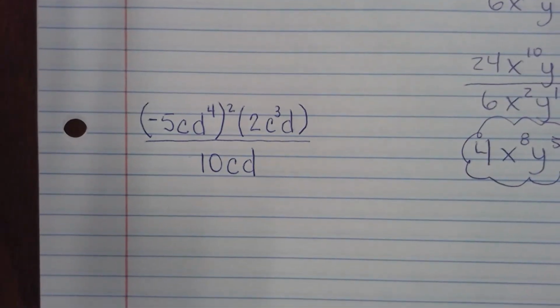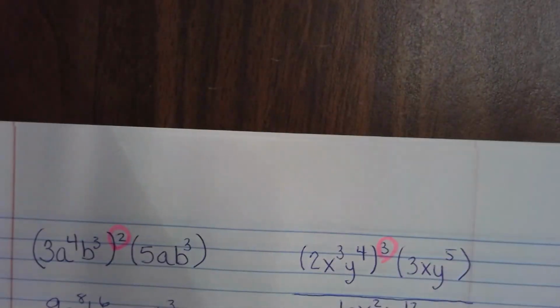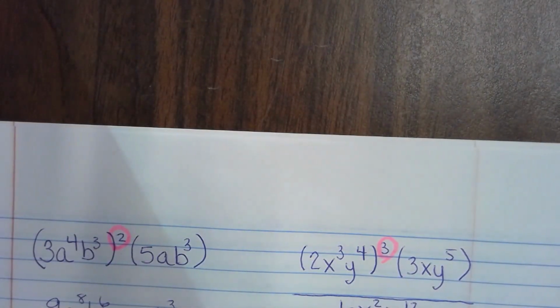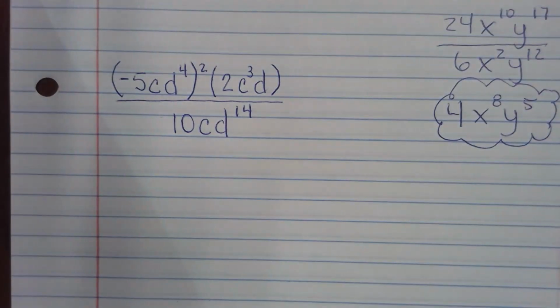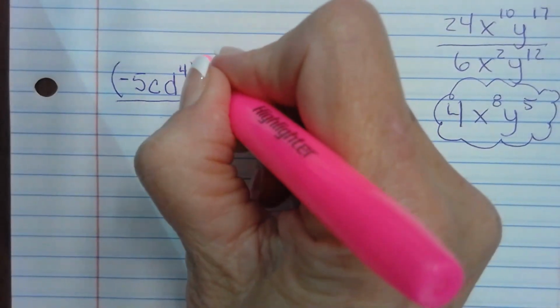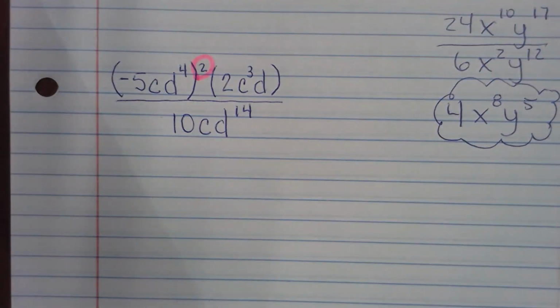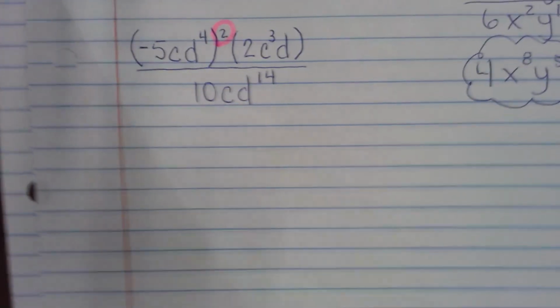All right, let's do one more. Actually, hang on a second. All right. What are we doing first? Power to a power. So, we got to do the power to a power first.